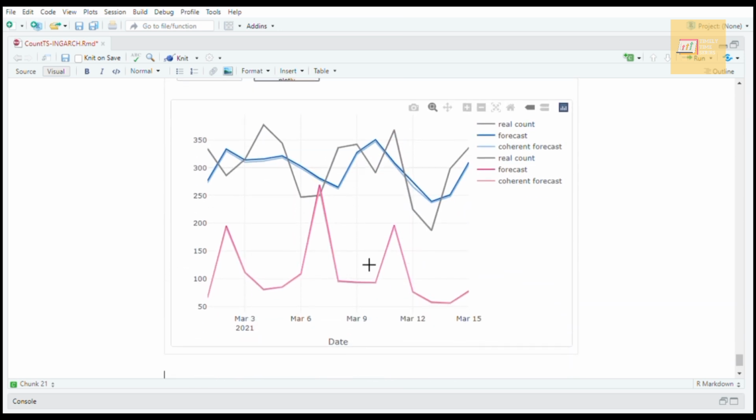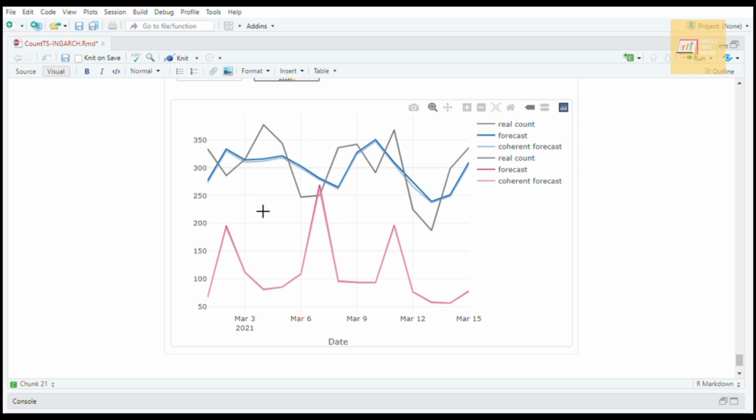As we can see, the univariate model is clearly better than the ones using covariates. So based on this graph only, we can say that the winner is model NB. Now let's look at the difference between the mean forecast and the coherent forecast.